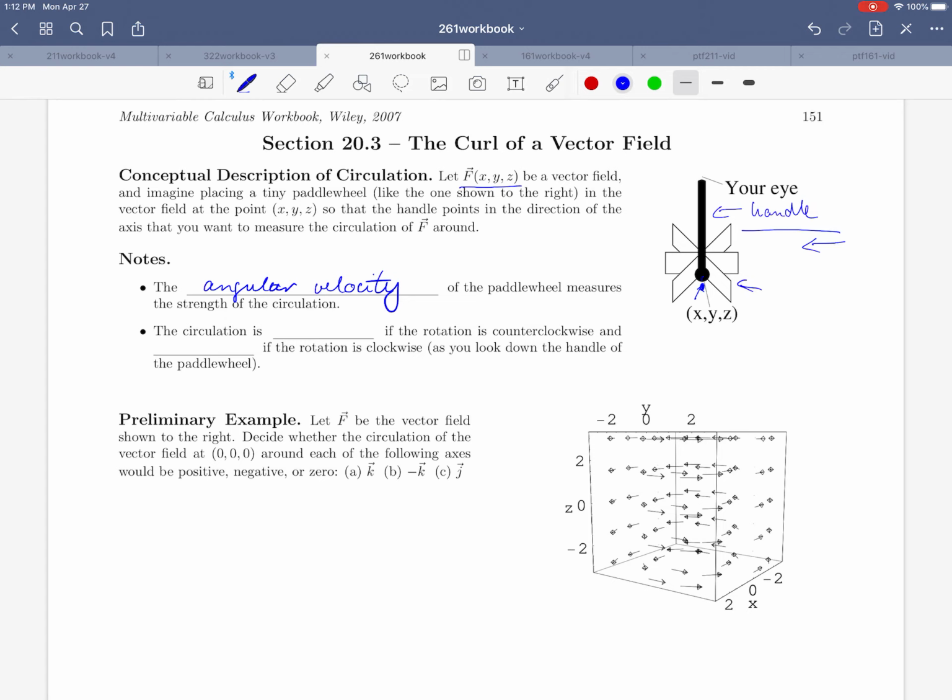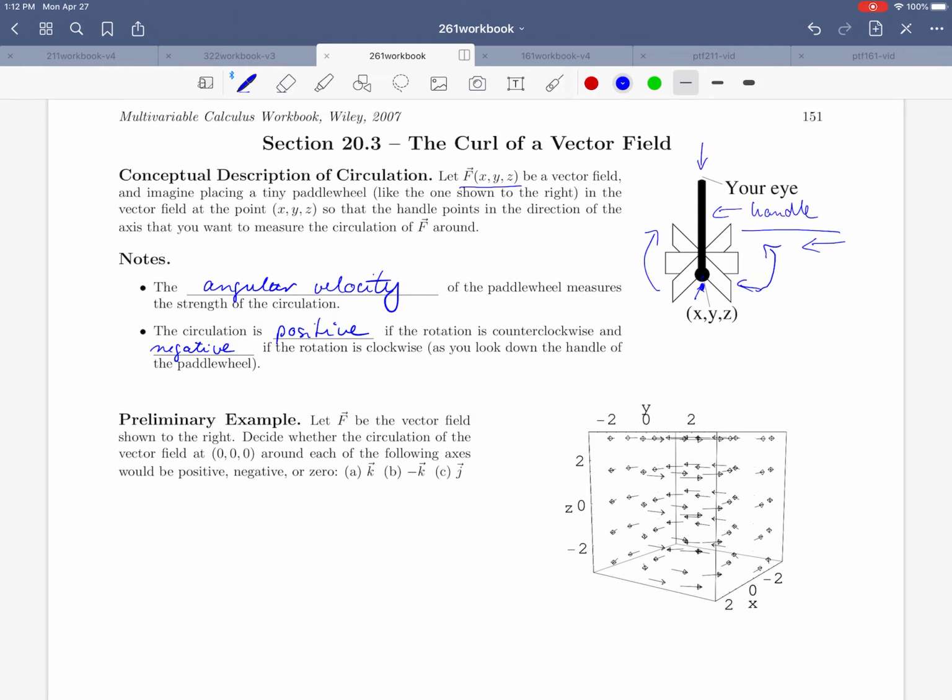So we say that the circulation is positive if the rotation is counterclockwise, and negative if the rotation is clockwise. And the way that we are gauging this is we are looking down the handle of the pedal wheel. So imagine your eye is right there at the top of the pedal wheel, and you're looking down, and then you see, is it rotating this way? That would be counterclockwise. Or is it rotating this way? That would be clockwise.